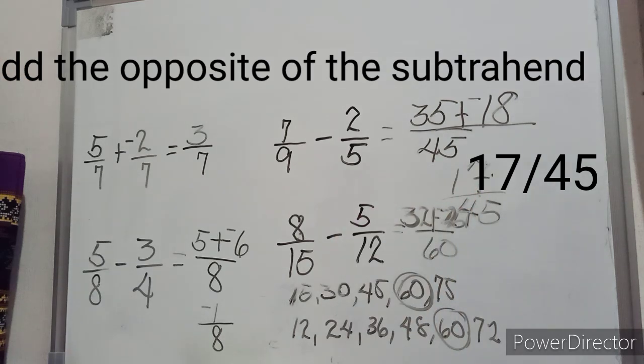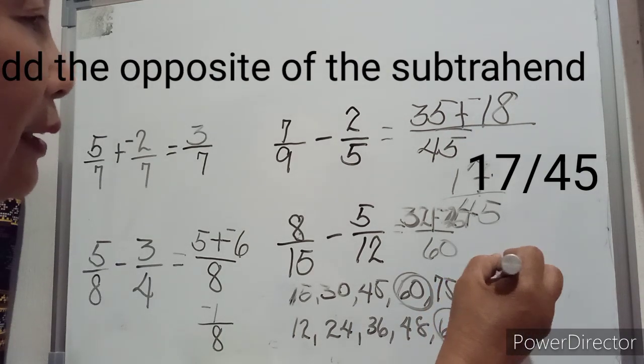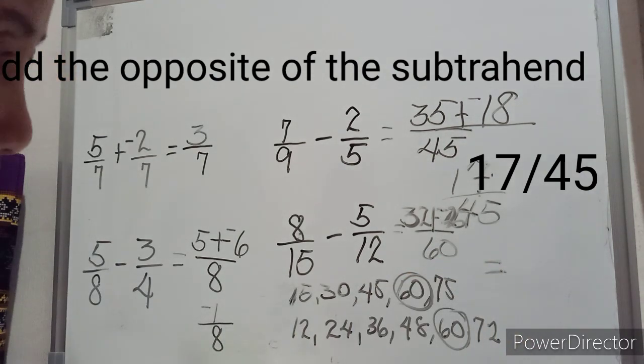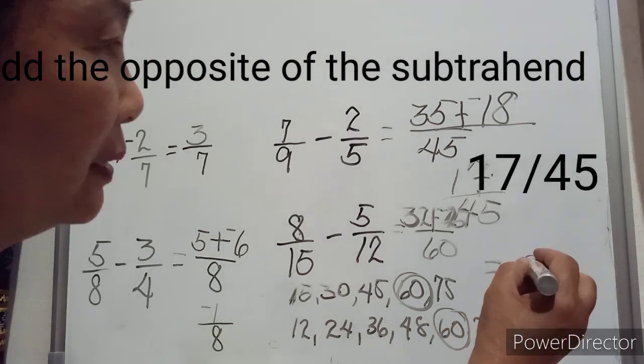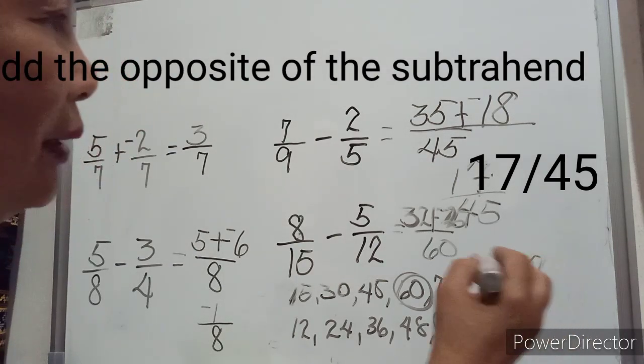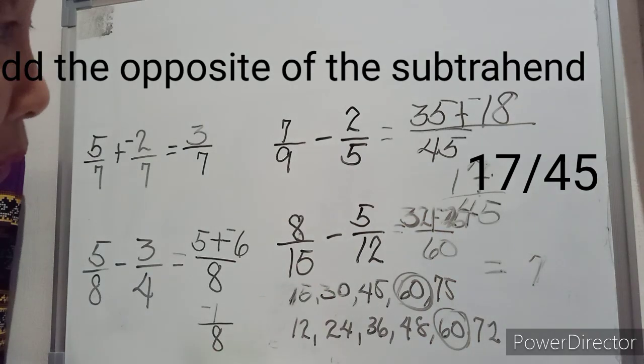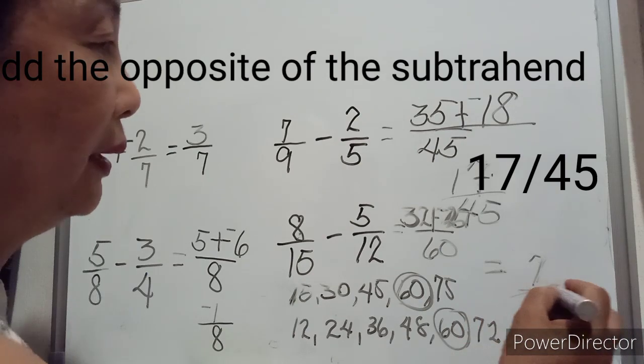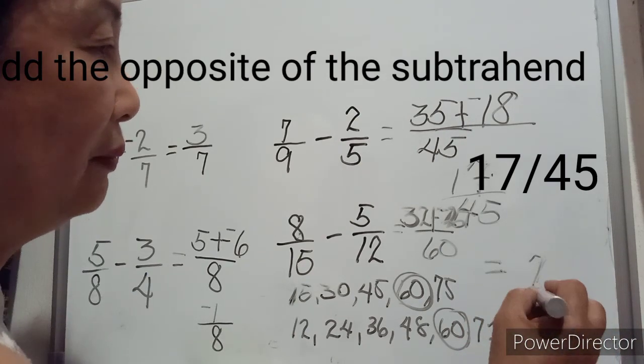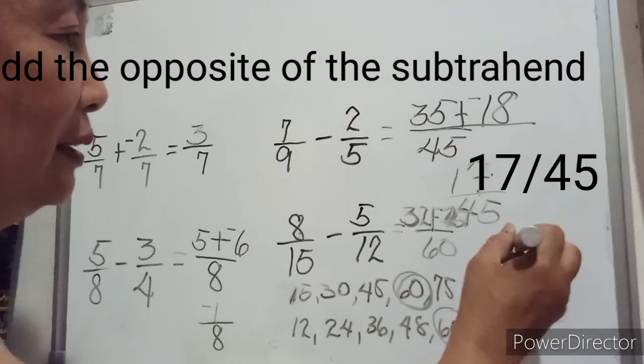Then we add 32 plus negative 25. 32 minus 25 is equal to 7. So we have now 7 all over 60. Final answer is 7 all over 60.